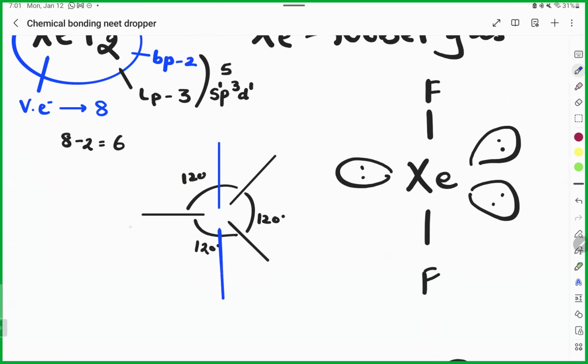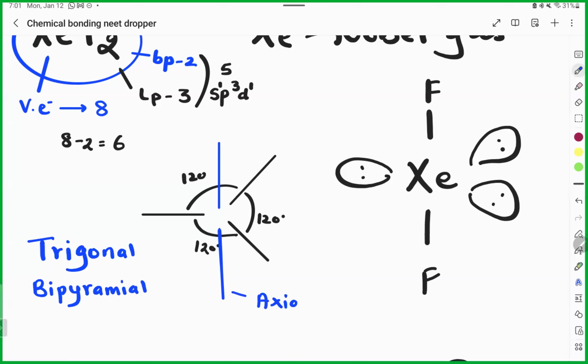This shape will be trigonal, with one pyramid up and one pyramid down: bipyramidal. These up and down bonds are known as axial bonds, and these bonds are known as equatorial bonds.